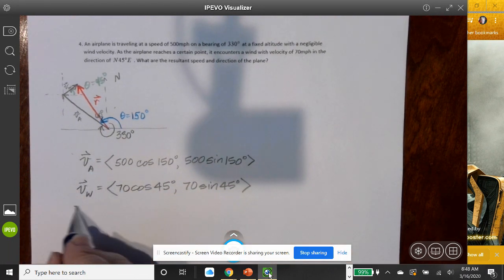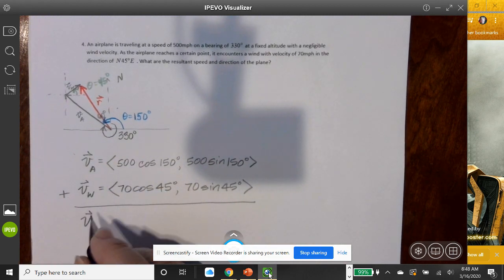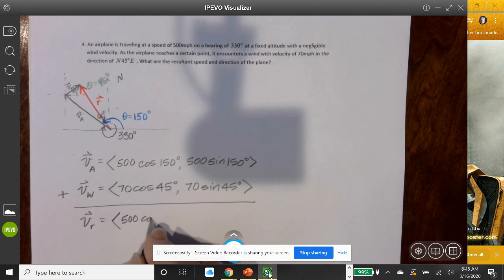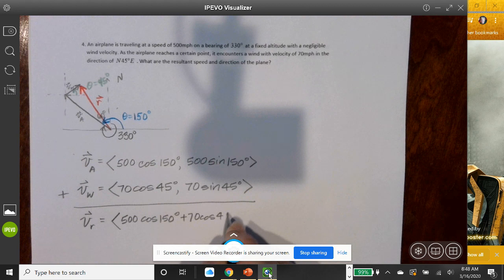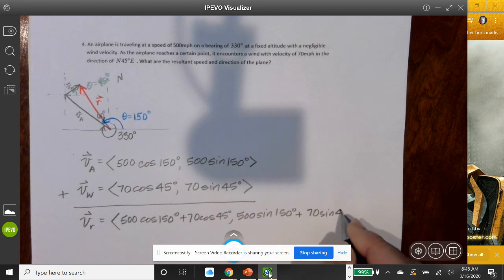And then the resultant would be me just adding these two together. The velocity of the resultant is going to be 500 times the cosine of 150 plus 70 cosine of 45 degrees, 500 sine of 150 plus 70 times the sine of 45 degrees.